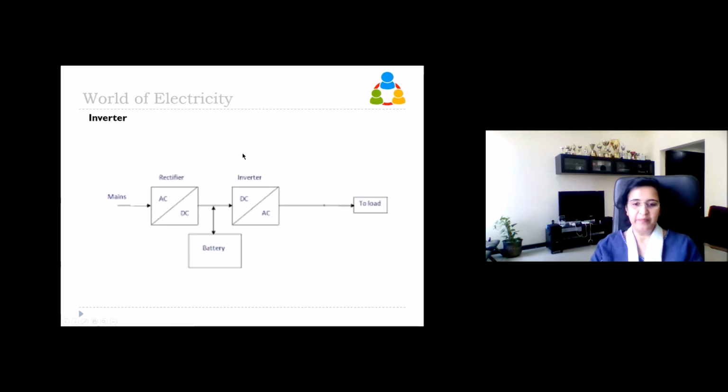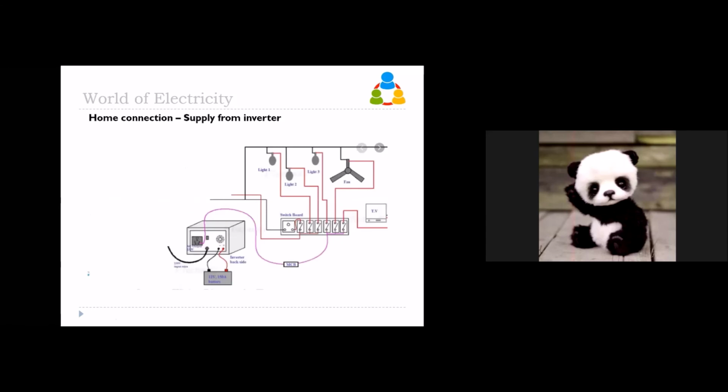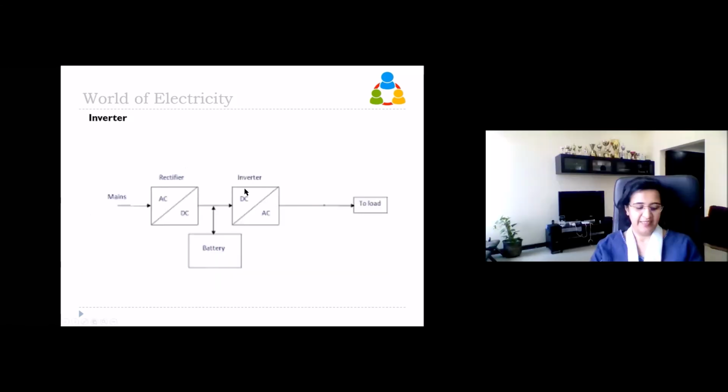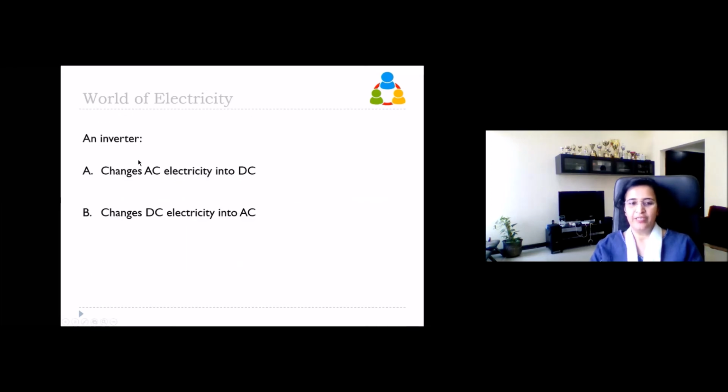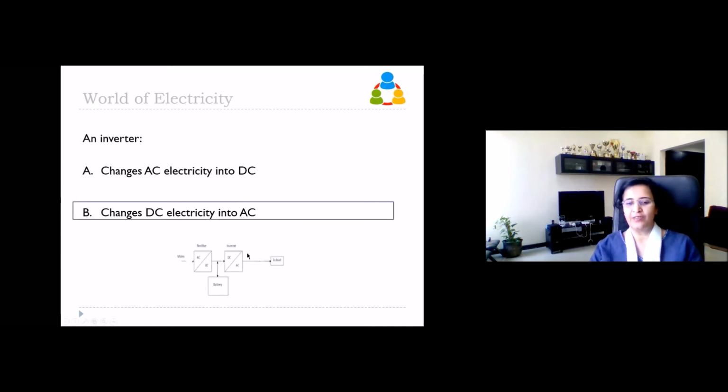The inverter will convert DC to AC. It will convert from the battery, which is the DC supply coming in, and it reaches this inverter component, where DC is converted into AC. So the inverter changes DC electricity into AC, right?